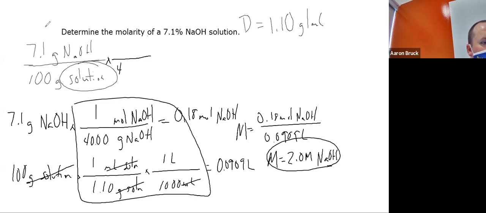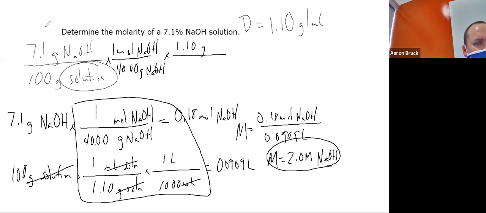So 40.00 grams of sodium hydroxide in 1 mole, 1.10 grams of solution in 1 milliliter, 1,000 milliliters in 1 liter.